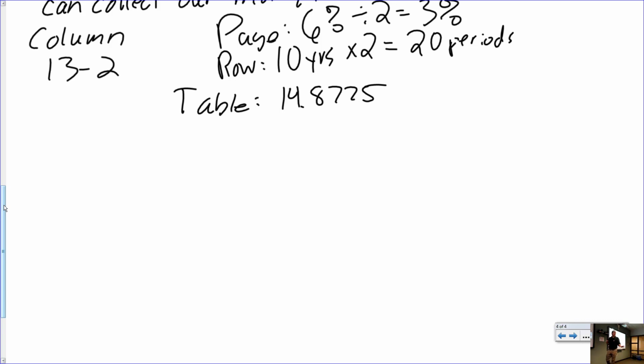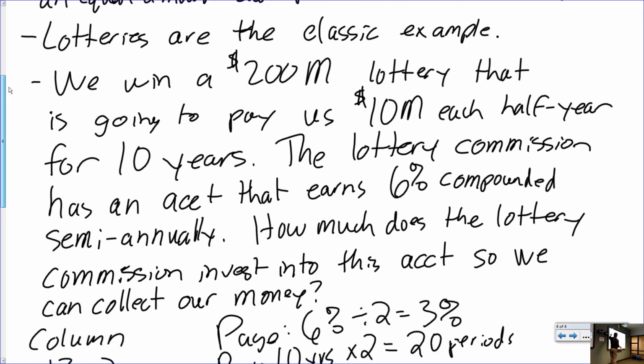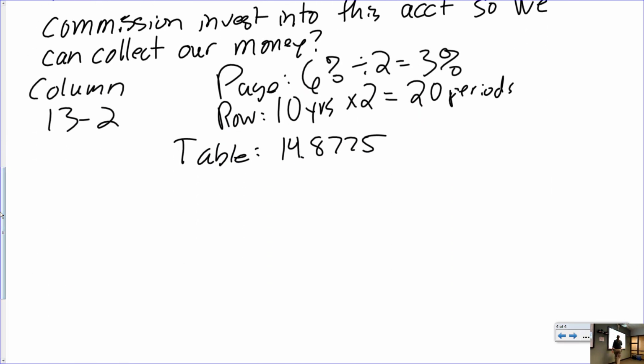And again, what you multiply by is the amount that you're getting every period. Not the total amount over the entire annuity, but the amount you get every period. So how much are they paying us each half year? 10 million. 10 million bucks. So multiply that by 10 million, all right?